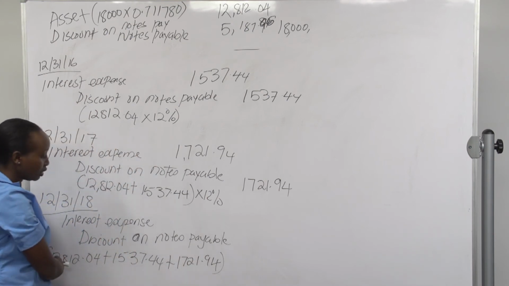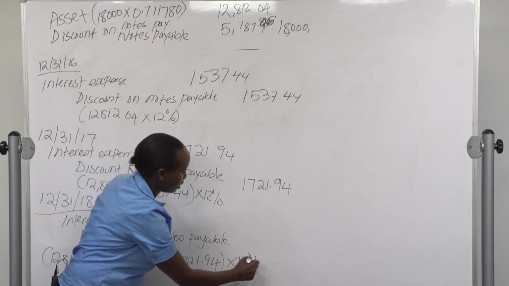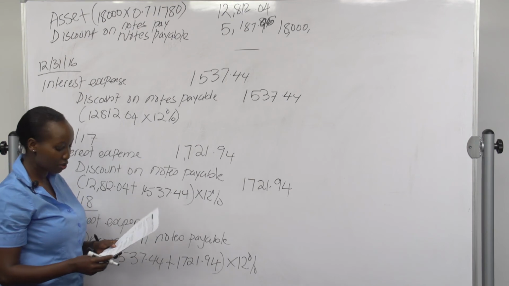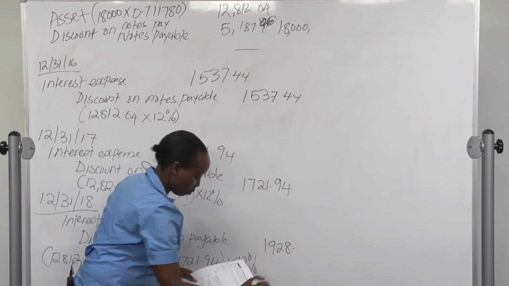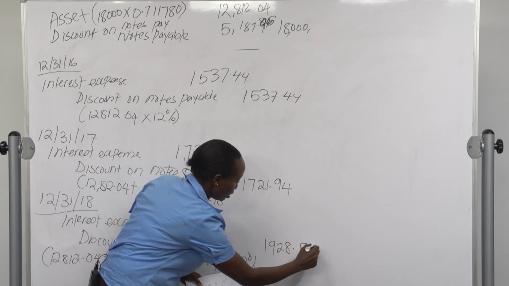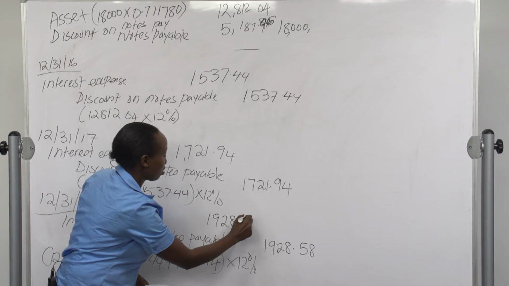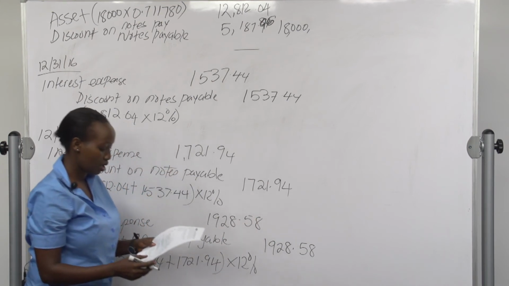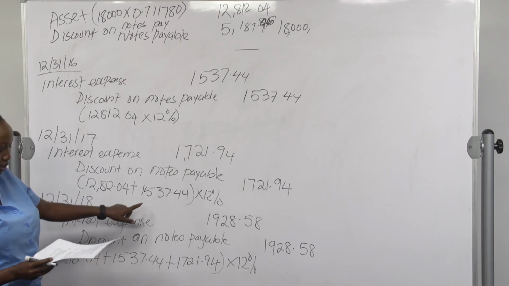We add all that and multiply it by 12%. That's how we're getting the amortization for this year, which is 1,928.58.